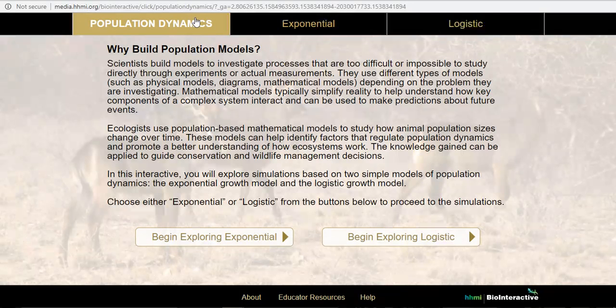So simply, it gives a good introduction to why we have population models, the importance of understanding how populations can grow and be limited, and then it even incorporates this mathematical part. A big push in our district right now is numeracy, which is understanding math at all levels and every class.